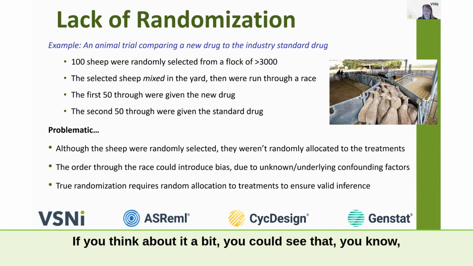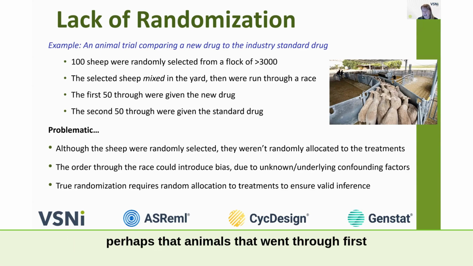If you think about it a bit, you could see that perhaps the animals that went through first might be the faster, stronger, or more dominant sheep. And all of these, of course, will end up in the same treatment group. Now, the researchers could argue that this wasn't the case. But because they haven't employed proper randomization, they do not have the same protection against bias due to these hidden confounding factors.